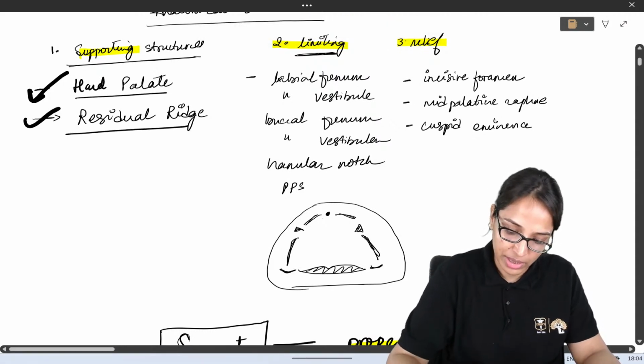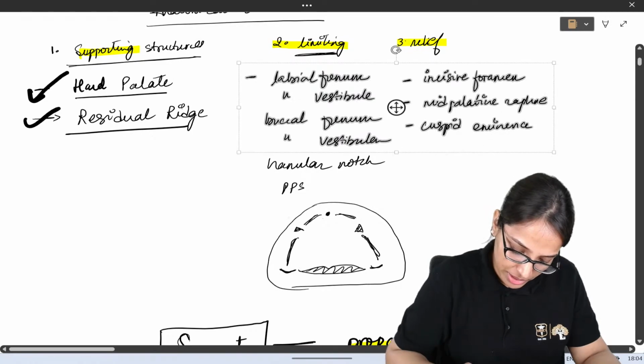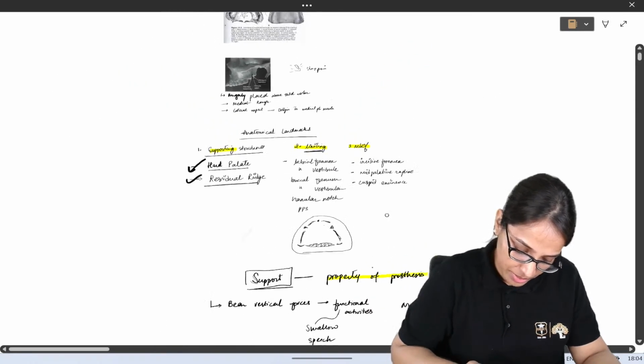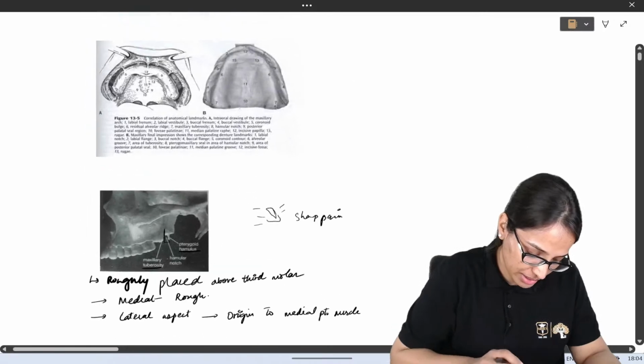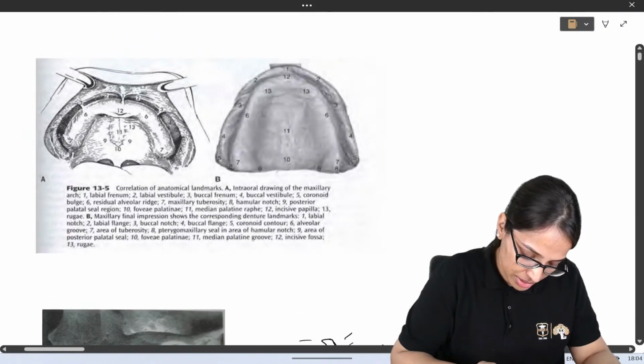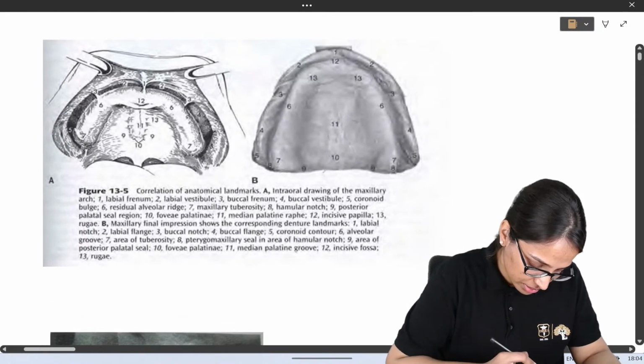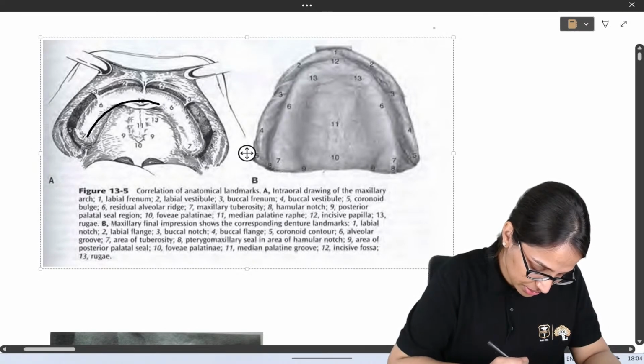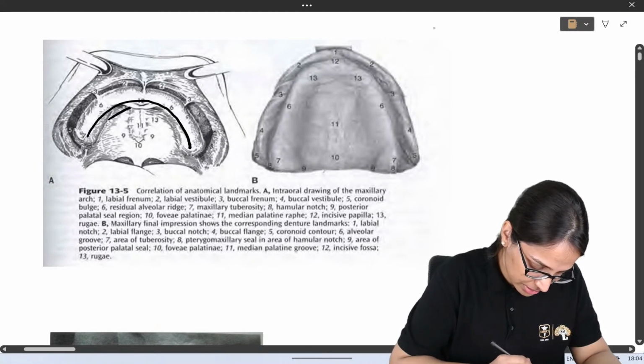Now coming on to the limiting structures of your maxilla, but before that I'll show the supporting structure here. This is your residual alveolar ridge and this part is called your hard palate.